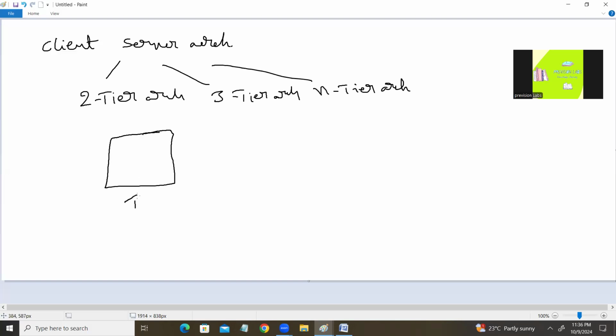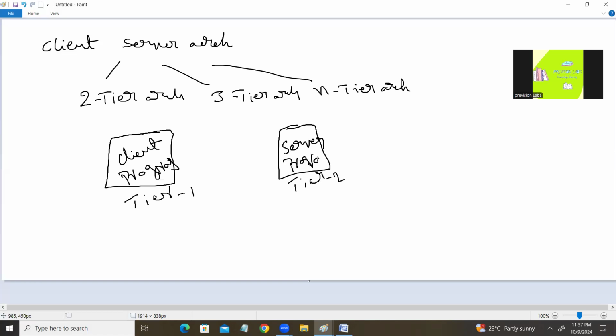Let me draw one small diagram to understand clearly. In the two-tier architecture, this is tier one, the client-side programs, and this is tier two, the set of server-side programs. So we call it a two-tier architecture.